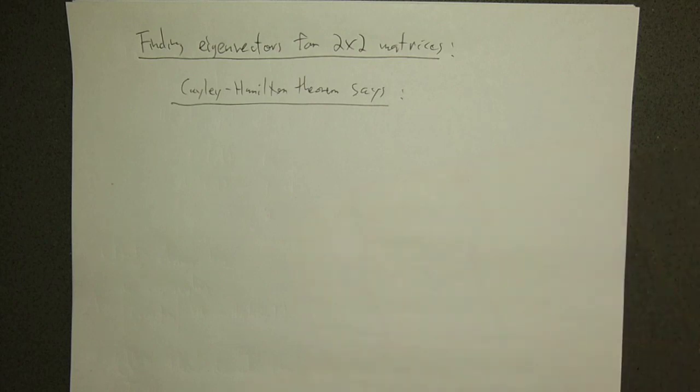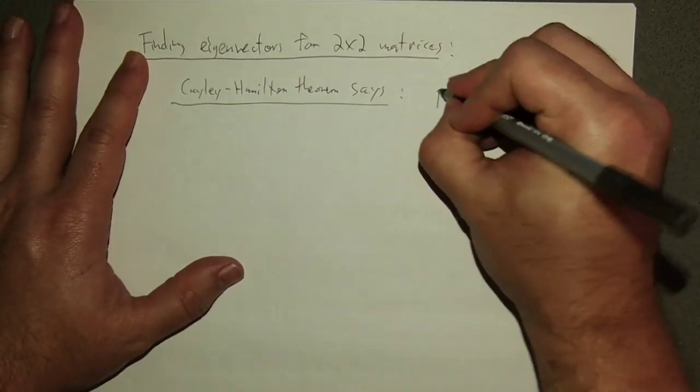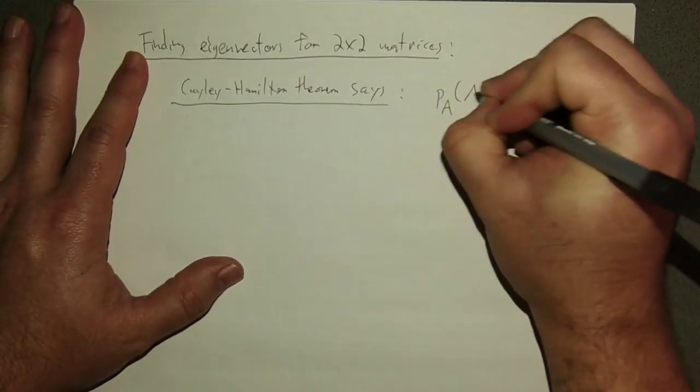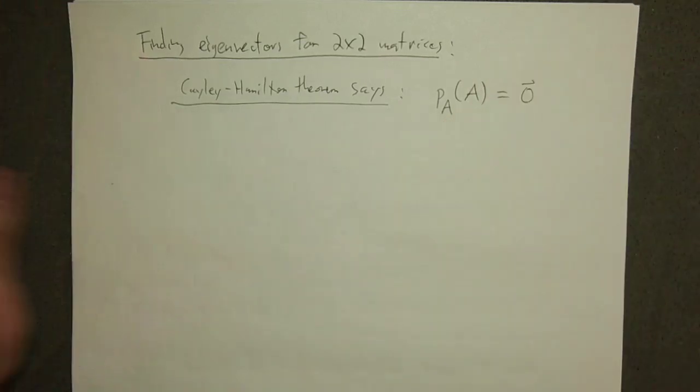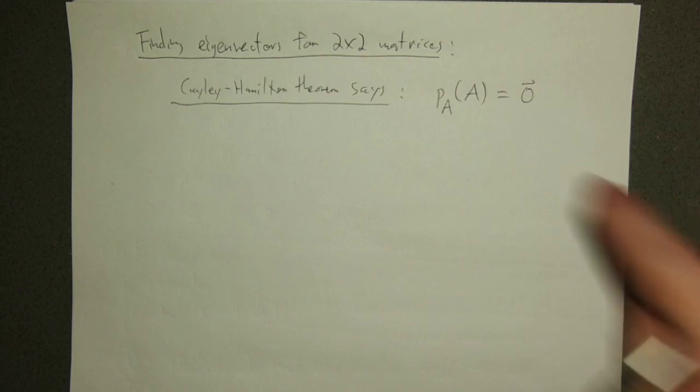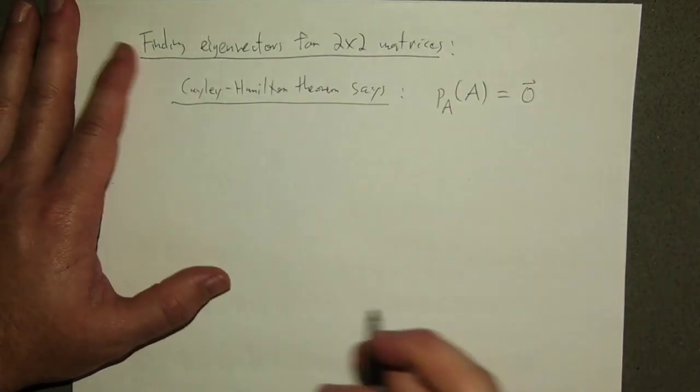Now, I'm using that word a little loosely because we're plugging in a matrix, not a number here. So it says that if I plug A into its characteristic polynomial, I get the zero matrix. Don't strain your brain thinking about this too much. Don't even worry about this, okay?